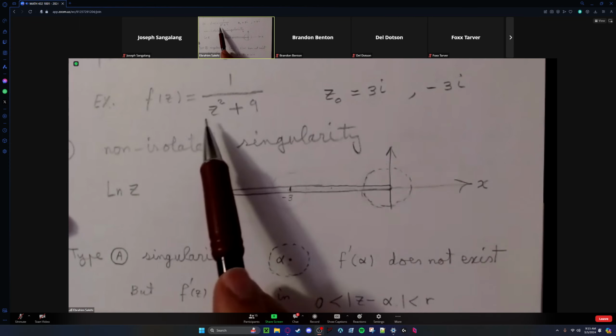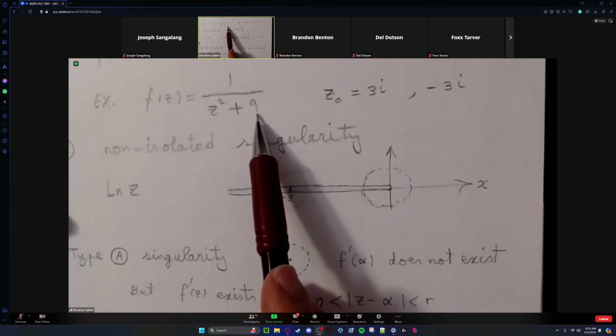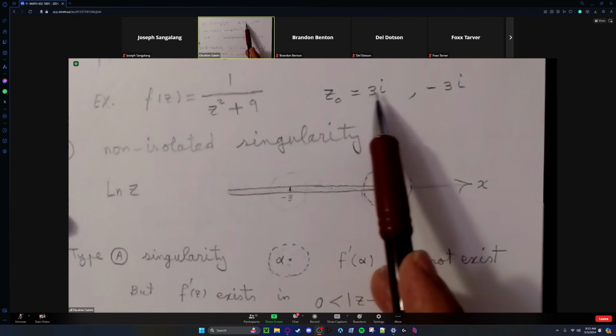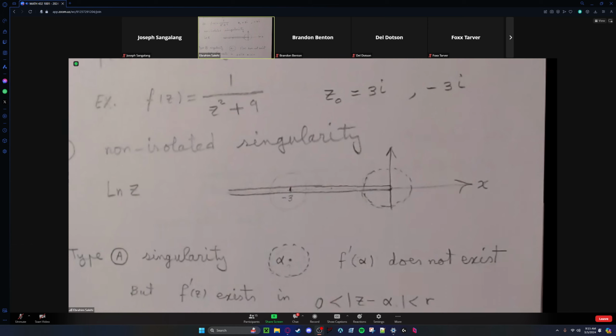Like this function, it is not even defined at 3i. But in a disk centered at 3i, let's say radius 2, the function is perfectly nice at other points, not 3i, other points.